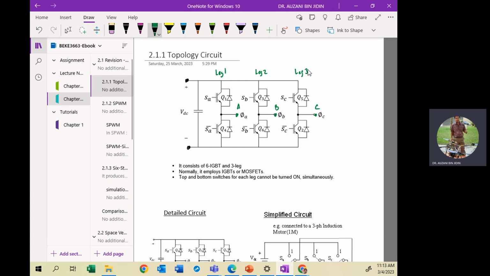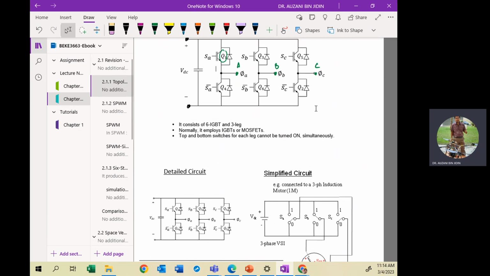You cannot turn on both switches in the same leg at the same time. For example, if you want to turn on the top switch, Q1, then Q4 must be turned off. Otherwise, when you turn on Q4, Q1 must be off, and vice versa. If both switches are off, it's okay.